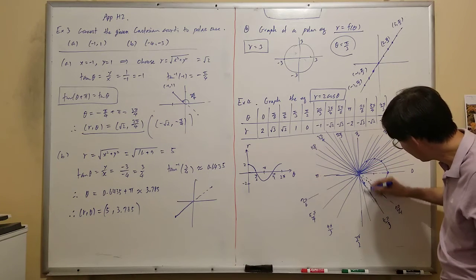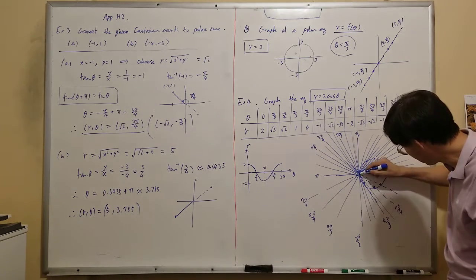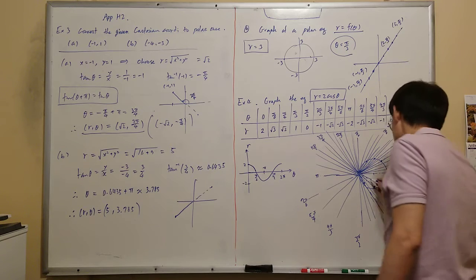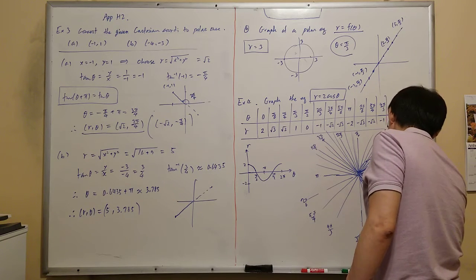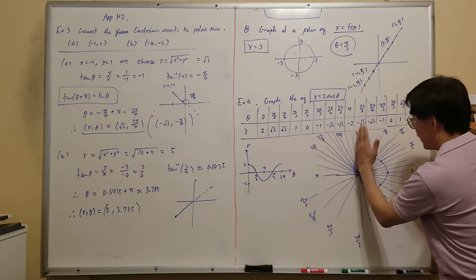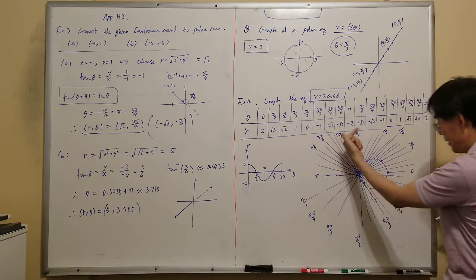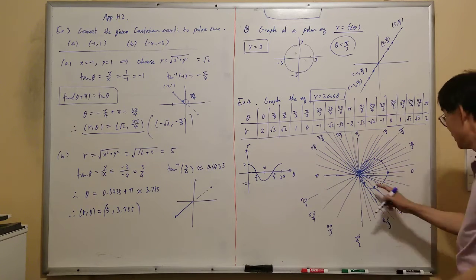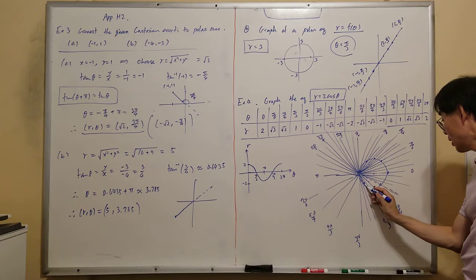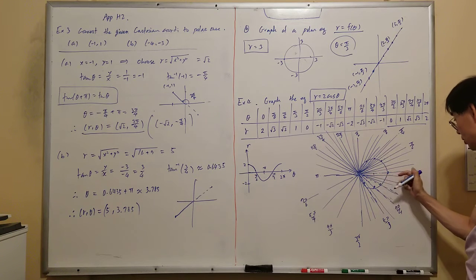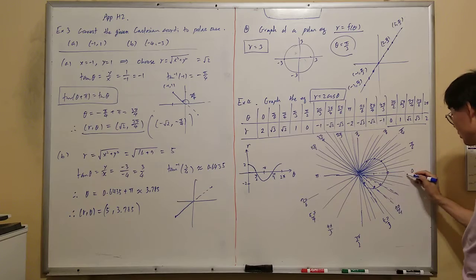So not here, but to the other side. So from pi over 2 to pi, from 0 to -2 means the other side 0 to 2. So the distance from the origin is getting larger and larger, up to 2 over here.